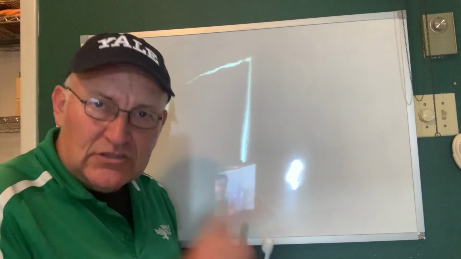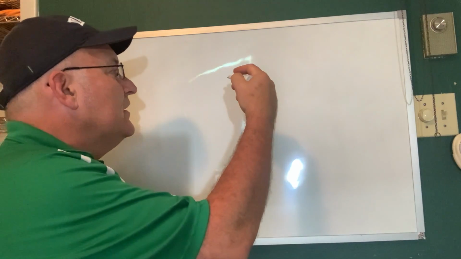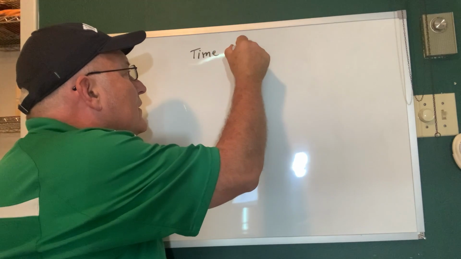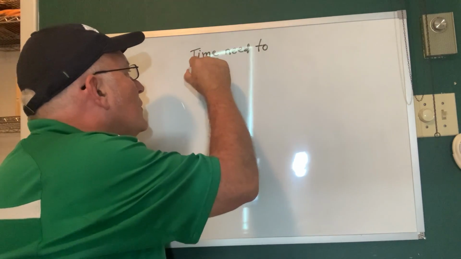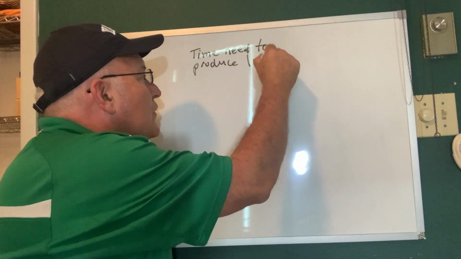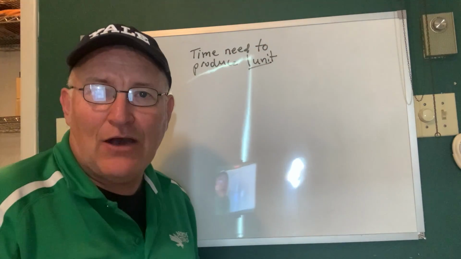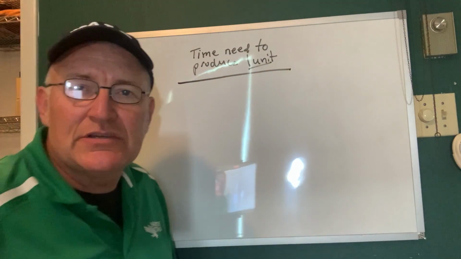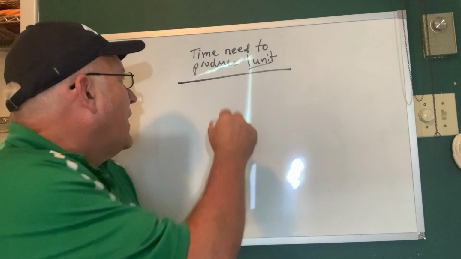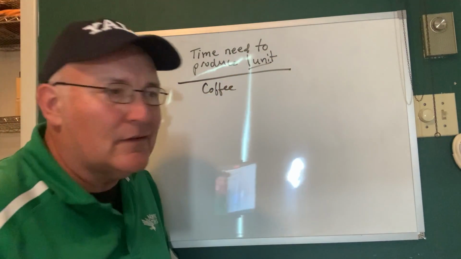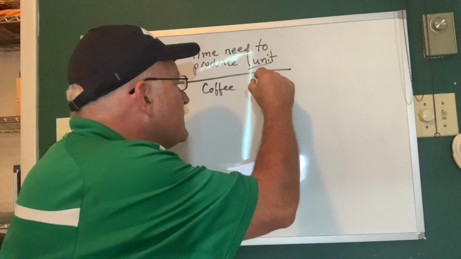So in this problem, what we have is the time needed to produce 1 unit of an output. Let's make our outputs coffee and roses.